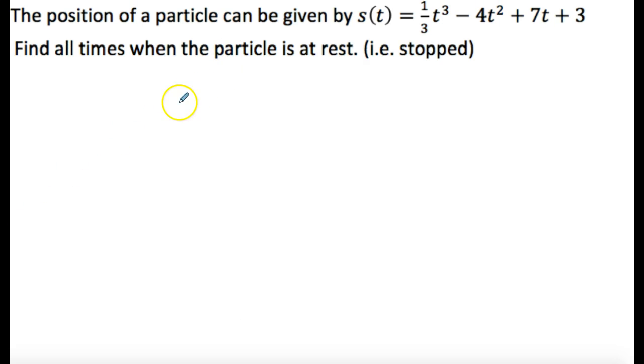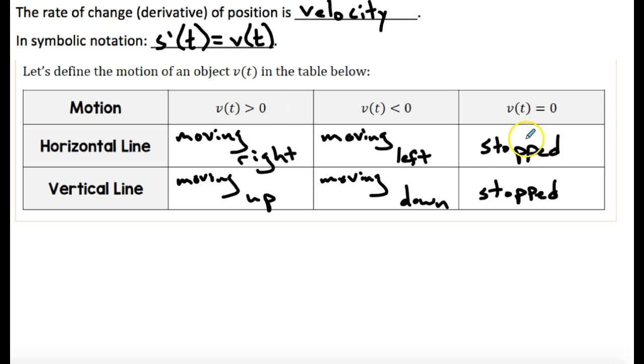Now, part E says find all times when the particle is at rest. At rest, or when a particle is stopped, means the velocity is equal to 0. We talked about that idea a little bit back here in the table. We said v of t equals 0 means the particle is stopped.